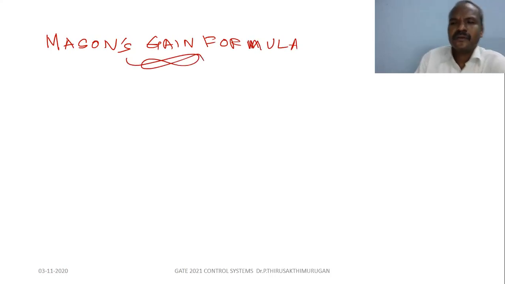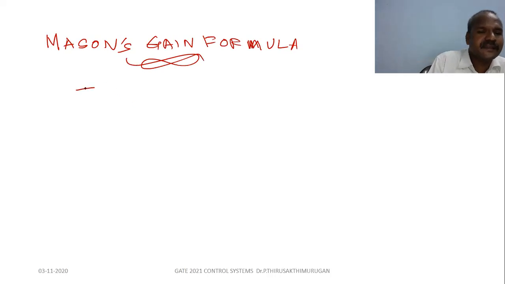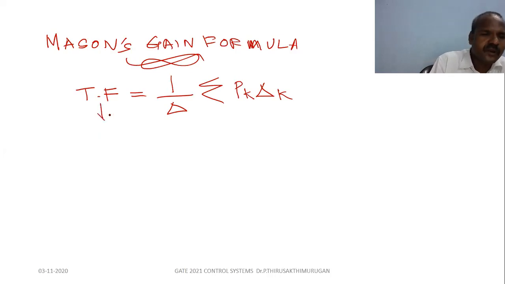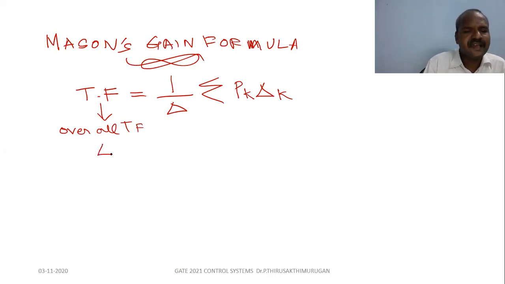The transfer function of the entire system is represented by the relation: TF equals 1 by delta, sum of P suffix K delta K, where TF is the overall gain transfer function.